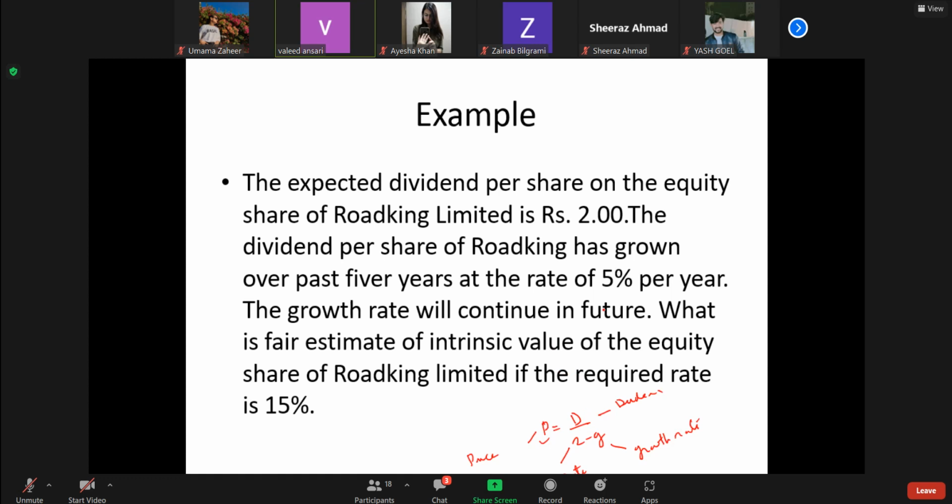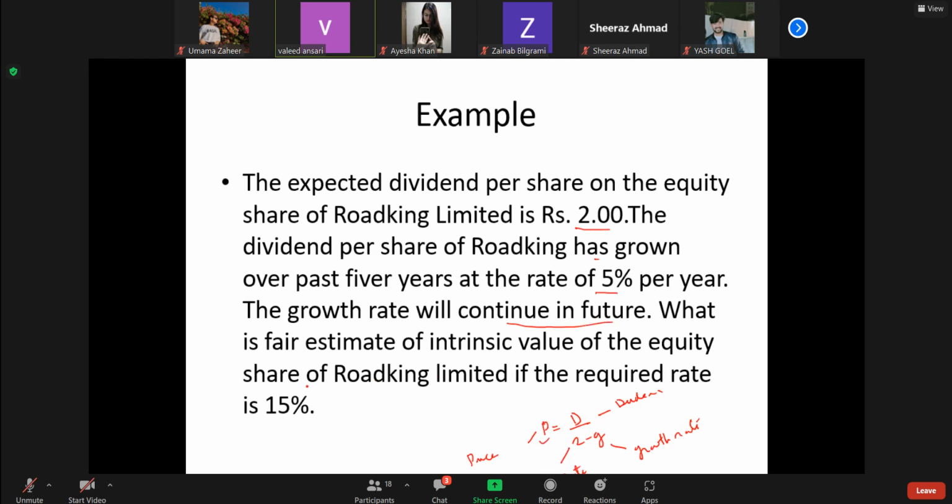So let us assume this example of equity value: there is a company, and the expected dividend per share is 2. Please note why the word expected, because we do not know for certainty. The dividend has grown at 5% per year, so the growth rate is 5%. The growth will continue in future, in perpetuity.